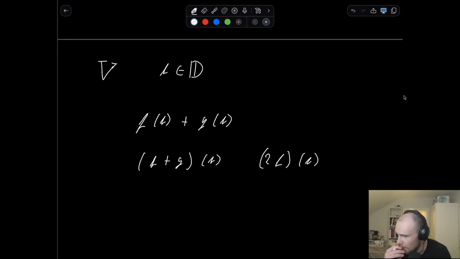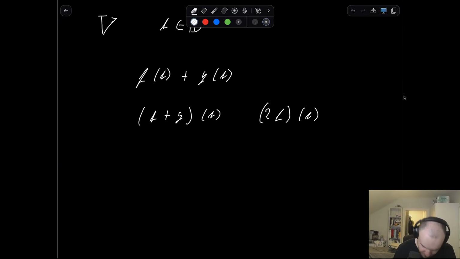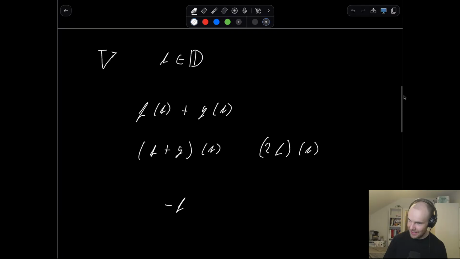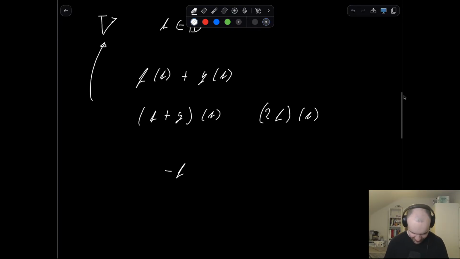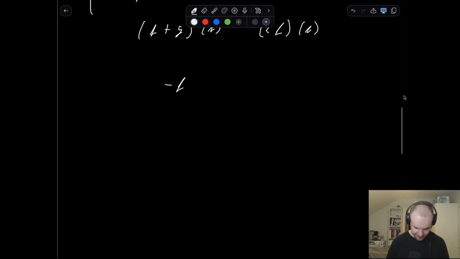And if f of t is 0 for all t, of course we have that 0 vector property. And of course the negative of f is just minus f. So you see here, these are functions, but they can be treated, this set V here can actually be treated as a vector space, even though it's just functions. So that's pretty cool. Okay, that was just a little recap from what I did last time.